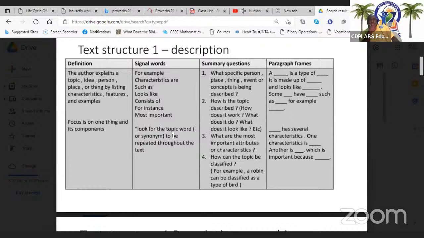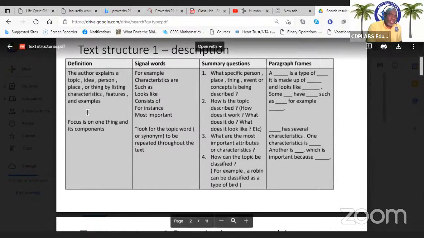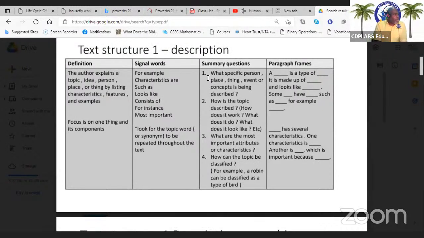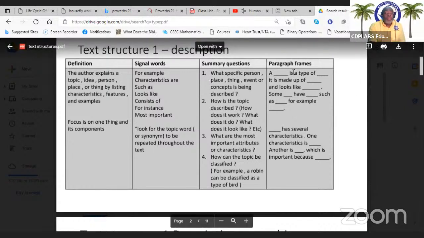Good. Now, where I want you to pay attention is this. The examiner loves when the sentences and the paragraphs are flowing nice and smooth. If you decide to write sentences and paragraphs, use the paragraph frames.